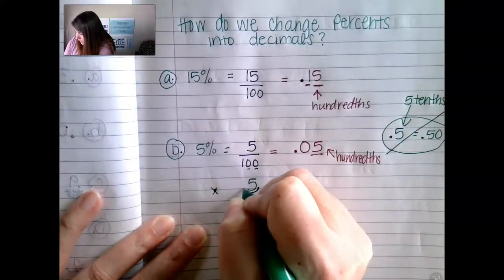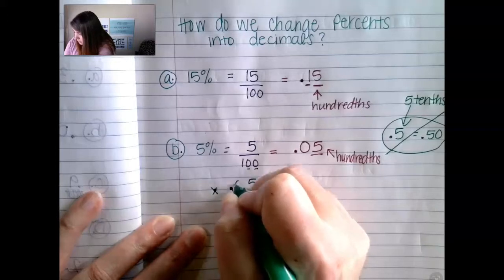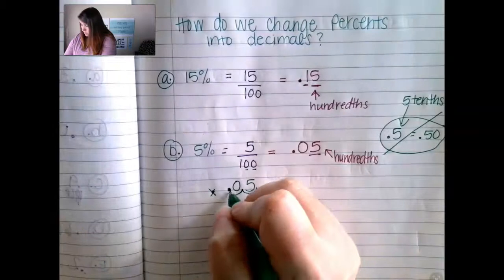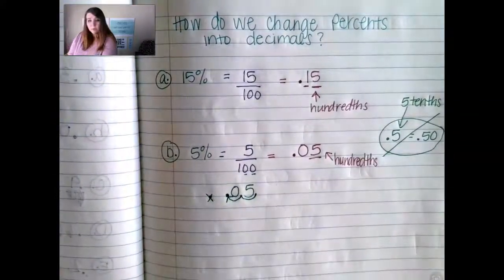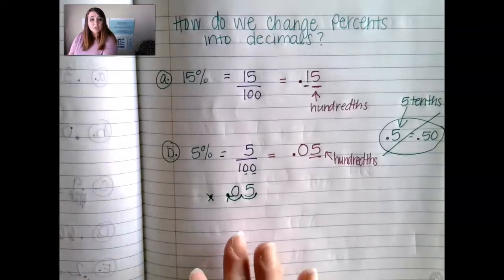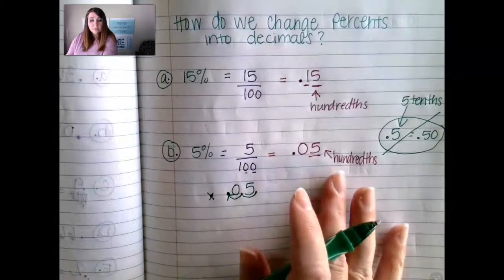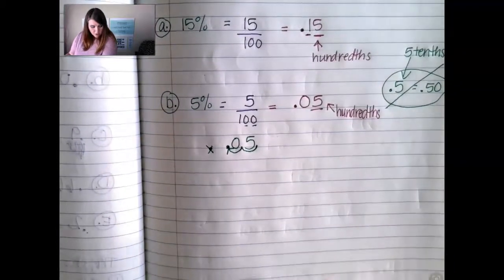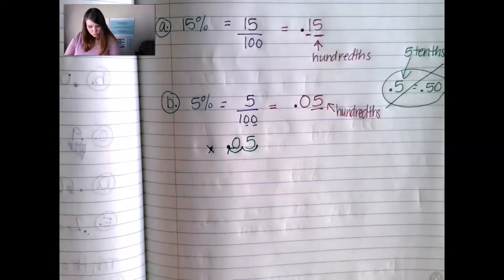I would go tenths, hundredths, and just fill in the 0. Okay, so another way is to move the decimal point 2 spots because there's 2 zeros. So paying close attention to place value. Tenths, hundredths, thousandths.